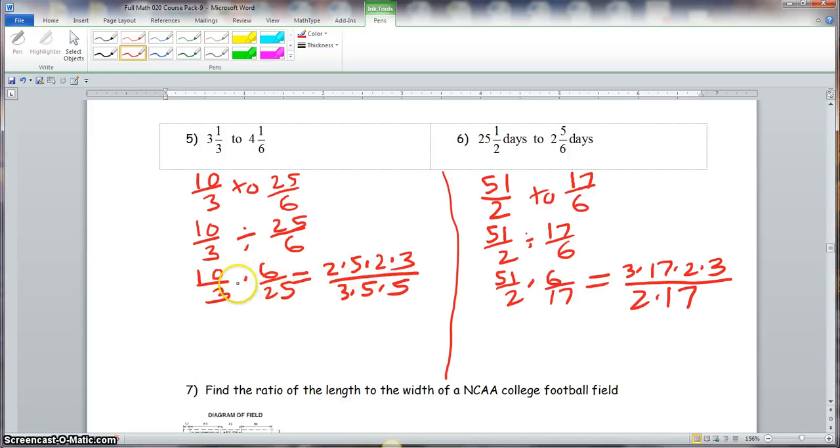Now we take the prime factorization of both of the numbers. 10 is 2 and 5, and 6 is 2 and 3. 3 is prime, and 25 breaks down to 5 and 5. Now what they have in common is 1 5 and 1 3. And so your final answer would end up being 4/5. Now that's it for number 5.